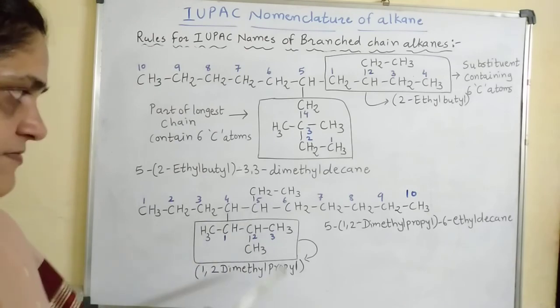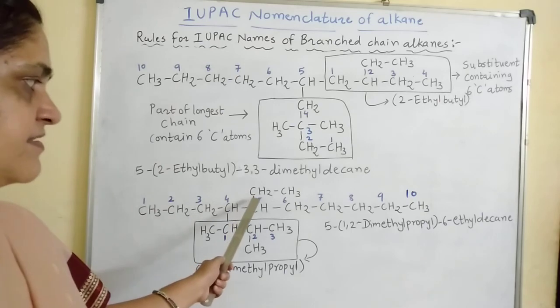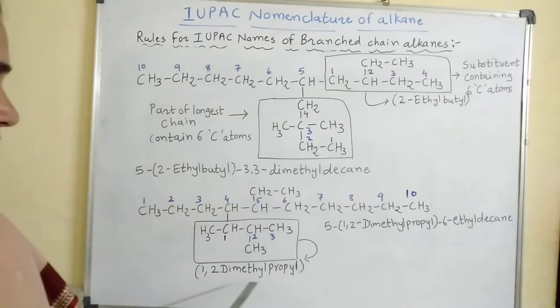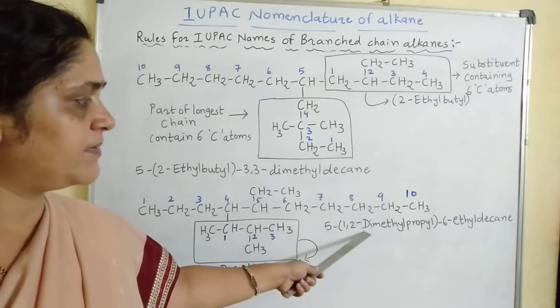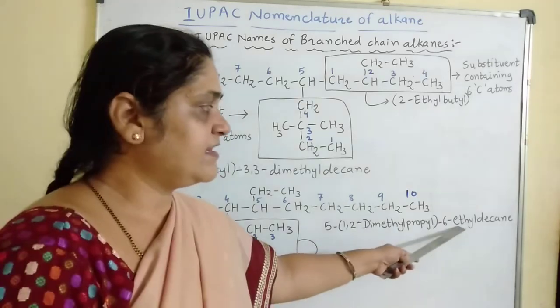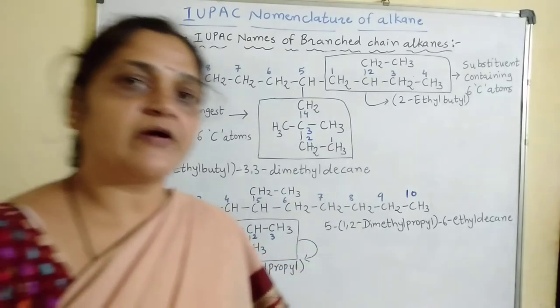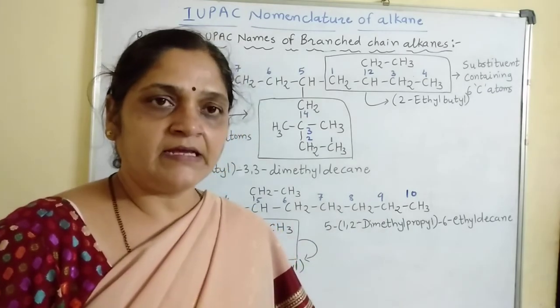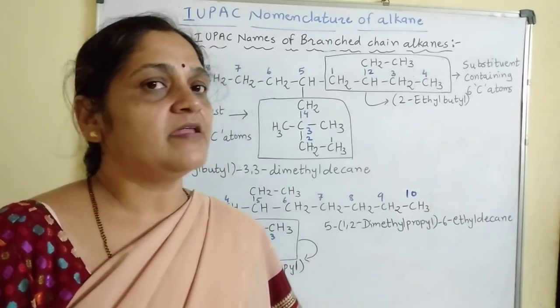This is the complex substituent. But when you are going to write the name, ethyl will not come first. Instead of that, 1,2-dimethyl propyl group will come first, because alphabetically D comes first, then E comes. And here the complete name of the complex substituent we have to consider alphabetically. So D comes first, so its turn will be first in the writing of the name.